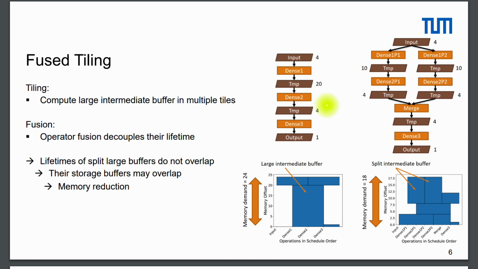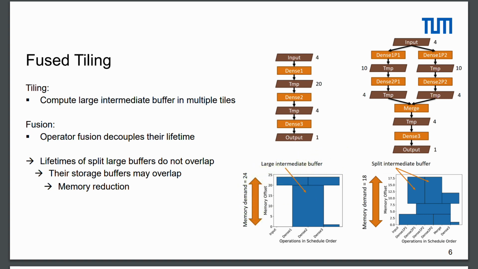We have some very large intermediate buffer here that we want to avoid, causing such a peak in memory usage, shown in this graph below. This shows on the x-axis the different buffers that are required, and the width are their lifetimes. So you can see that this large buffer contributes a lot to the total memory usage.